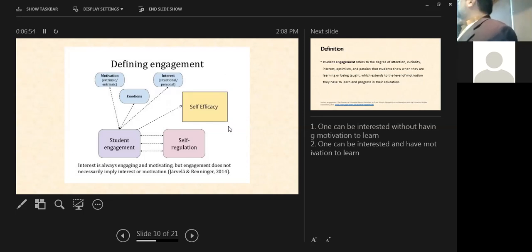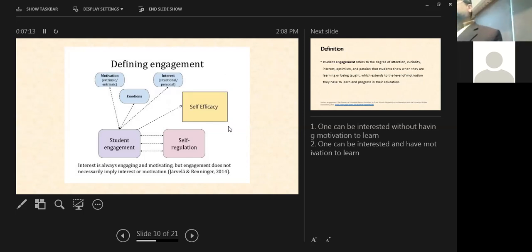If you're able to regulate properly, you can have engagement. So it's not completely a passive thing. Students do have some control over their own engagement levels, and over their motivations, and that leads to perceived self-efficacy.